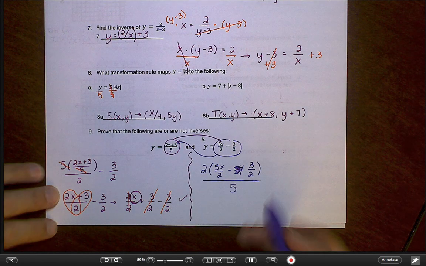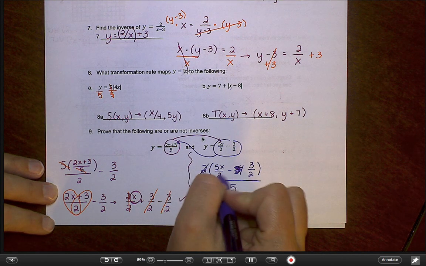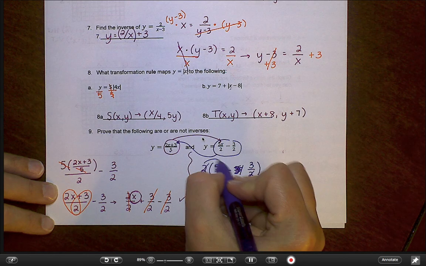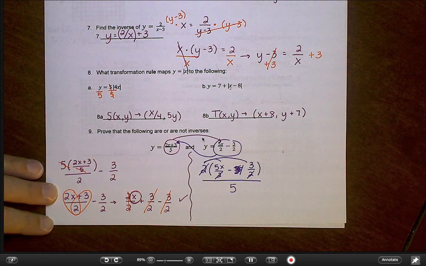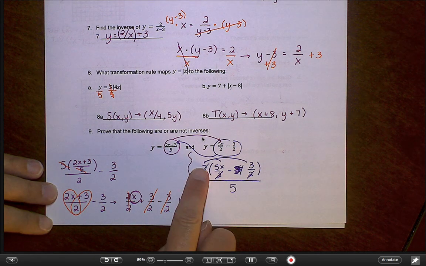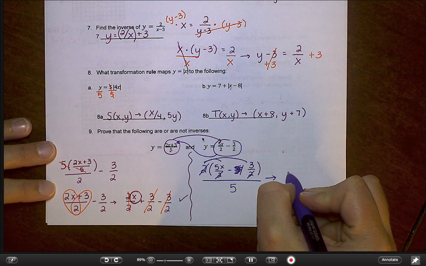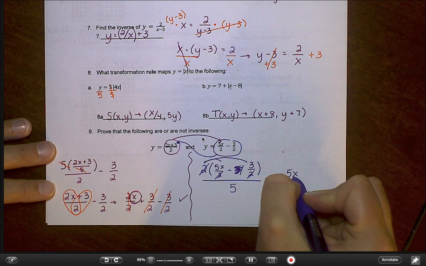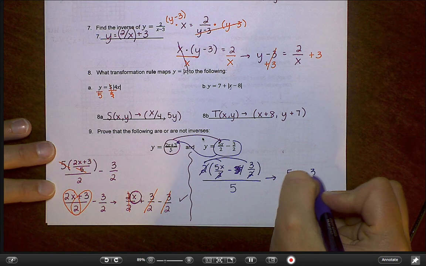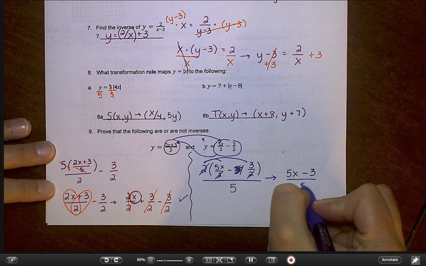Well, the nice thing that I see happening here is the 2 and the 2 are going to cancel. Like if I distributed this 2 in here, this 2 and this 2 would cancel, this 2 and this 2 would cancel. So then I'm left with essentially 5x minus 3 over 5.